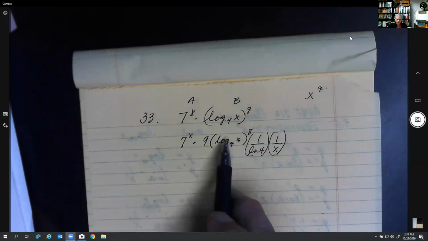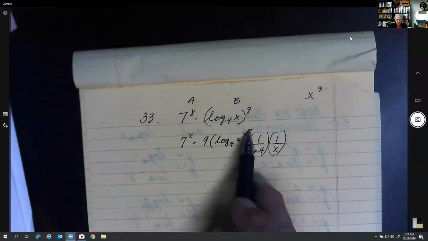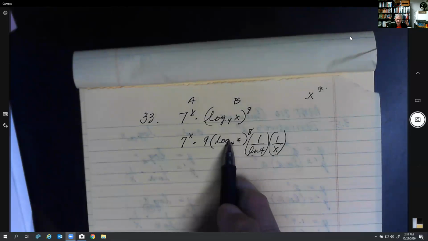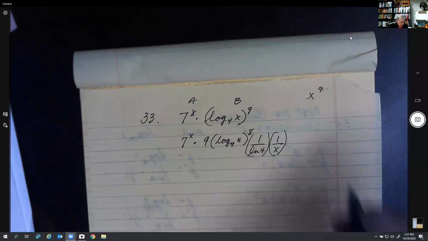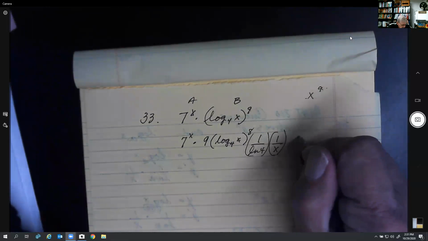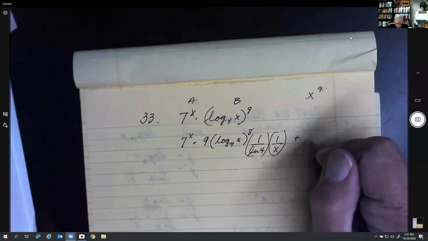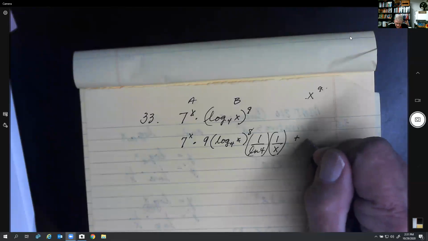So we're going to have to handle it like a regular one. So we're going to do the power on the outside. We're going to use chain rule. Power on the outside and then power in the inside. So we're going to do that plus this expression, log base 4 of x to the 9th.